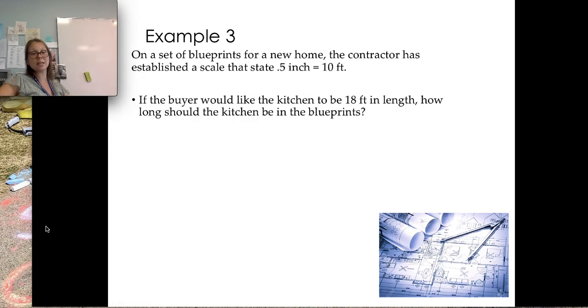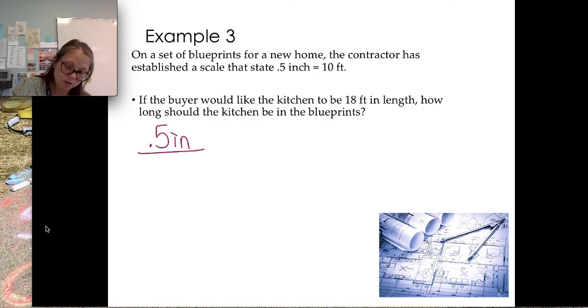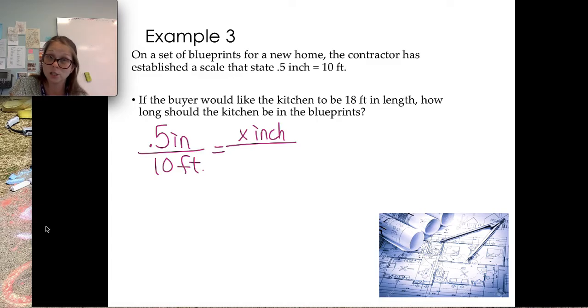Last example. On a set of blueprints for a new home, we still have the same scale, 0.5 inches is to 10 feet. The buyer would like the kitchen to be 18 feet in length, so how long should the kitchen be on the blueprints? Setting up our proportion like we did the last two, 0.5 inches to 10 feet. This time though, we're trying to solve for the size it would be on the blueprint, so the inches, and we're given the feet, so the denominator of this.